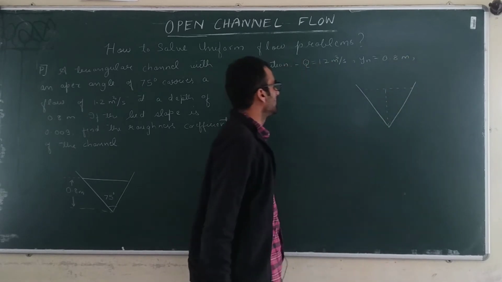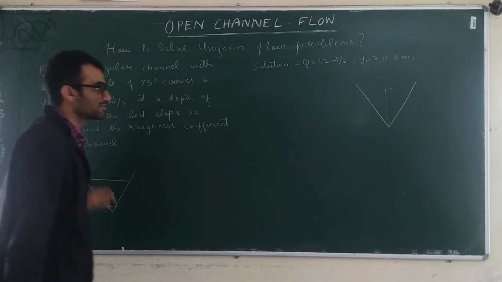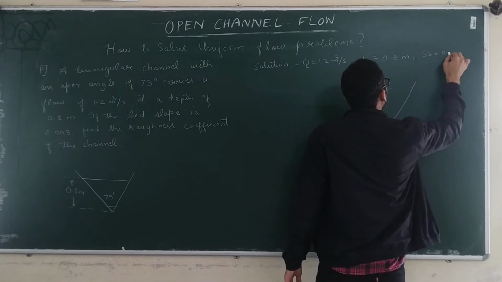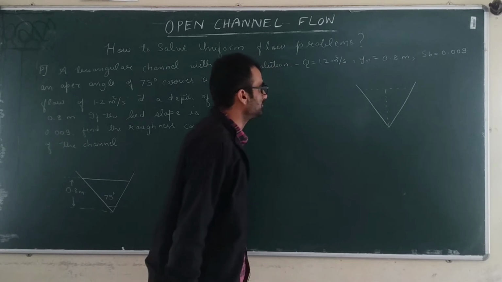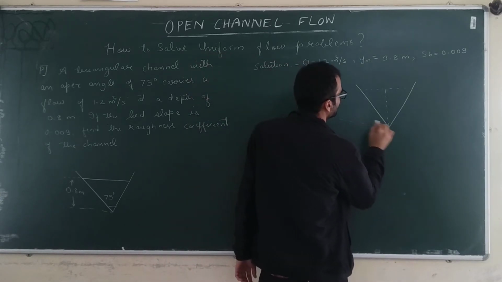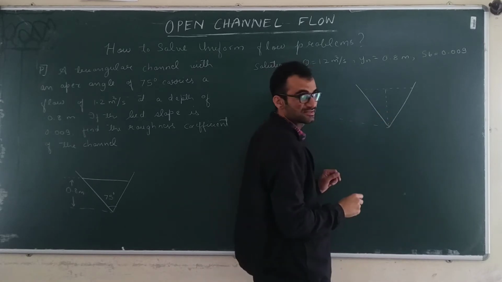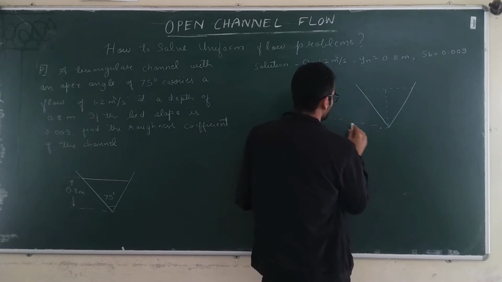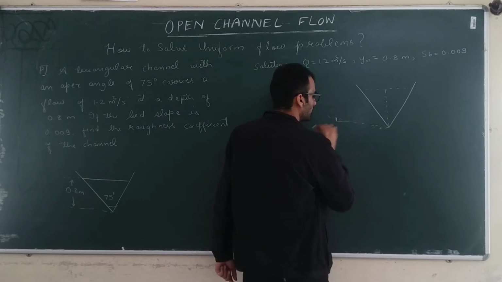Then again the bed slope is also given. At what bed slope is the flow taking place? 0.009. So SB is also given, 0.009. What is this 0.009? If you look at the side view of this channel, then this will be the bed slope. This bed slope is this quantity, vertical divided by horizontal.